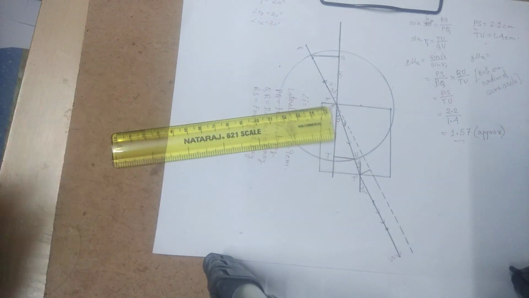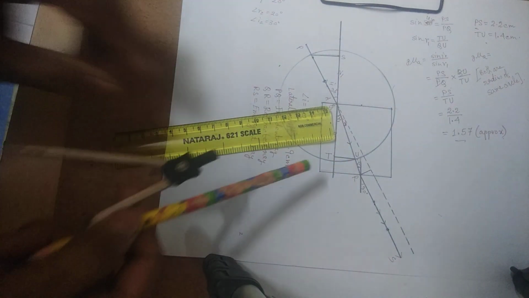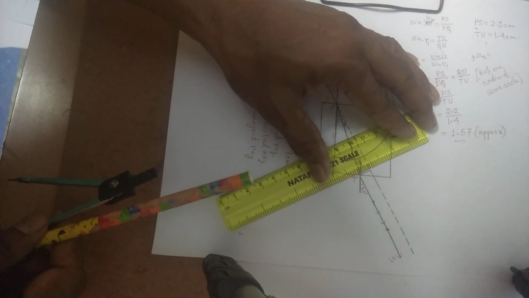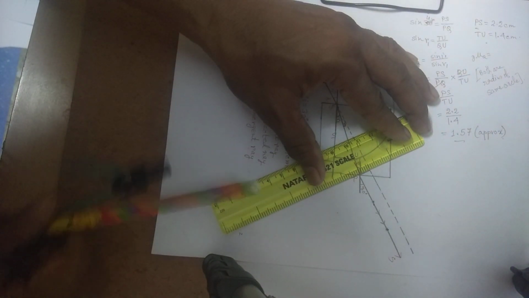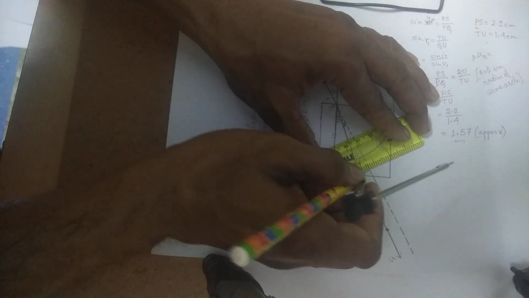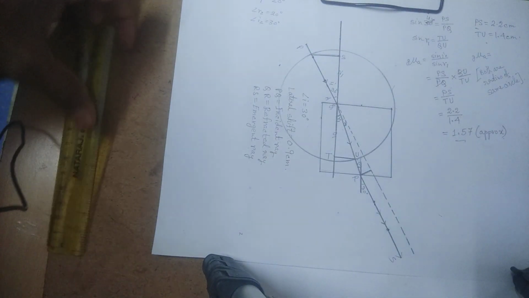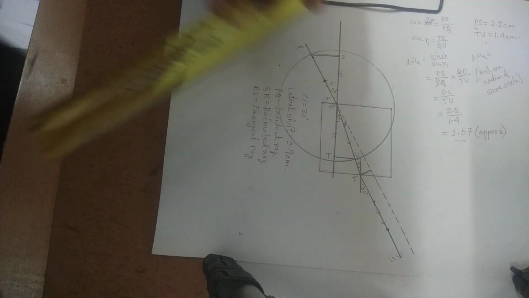Now you will find that at this point R, let us draw a perpendicular on the line. Yes, from here to this is the perpendicular line. Now if you measure this line, we will get the lateral shift. Let us measure this distance.